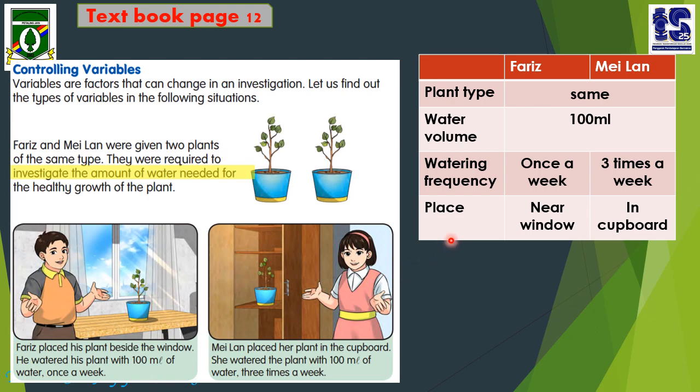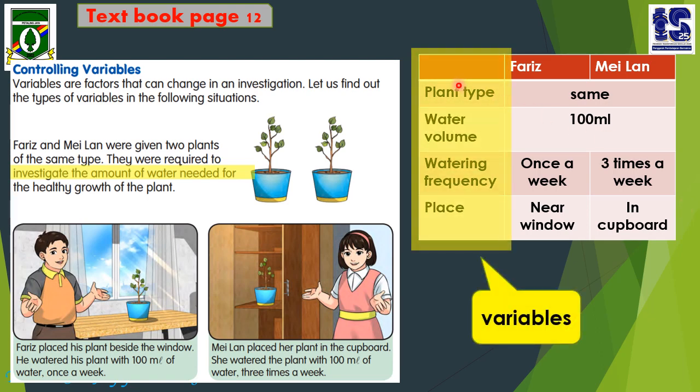And they also place the plants at different places: Faris near the window, while Melan in the cupboard. These are all variables: plant type, water volume, watering frequency, and place are variables.